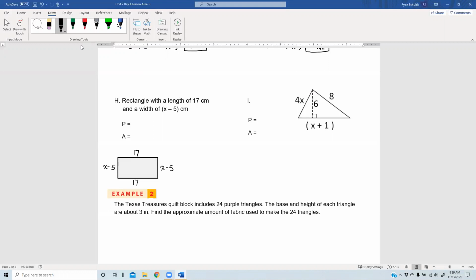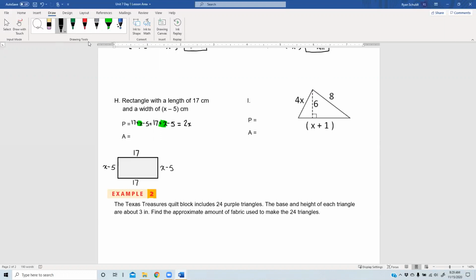So for perimeter, we just add them all up like we usually would. 17 plus x minus 5 plus 17 plus x minus 5. Now, let's combine like terms. I have an x here, an x here. So how many x's? 2 x's.